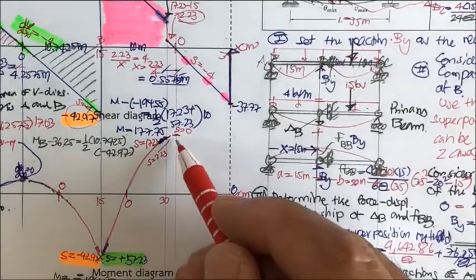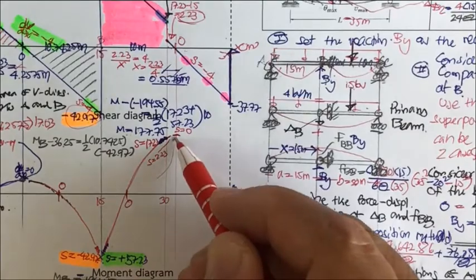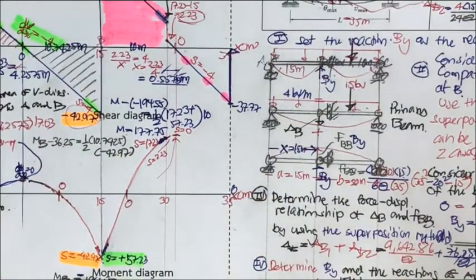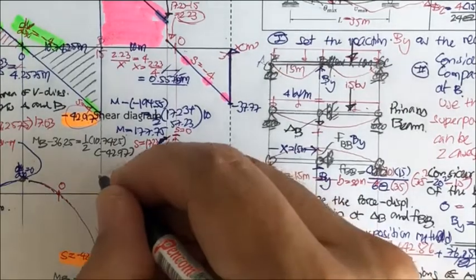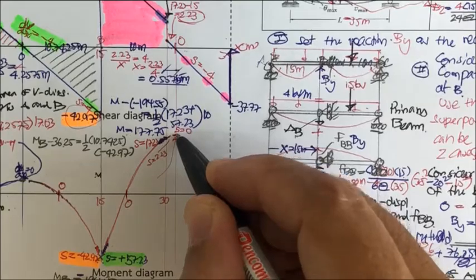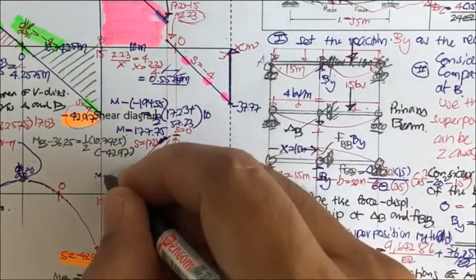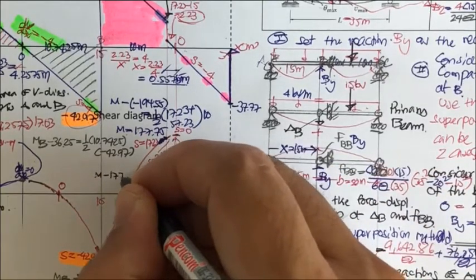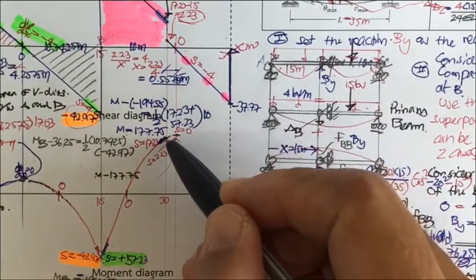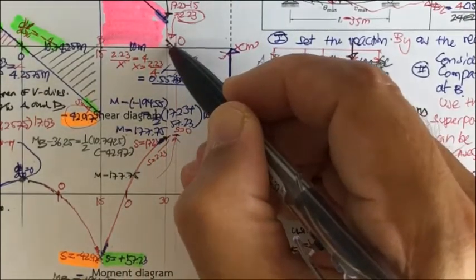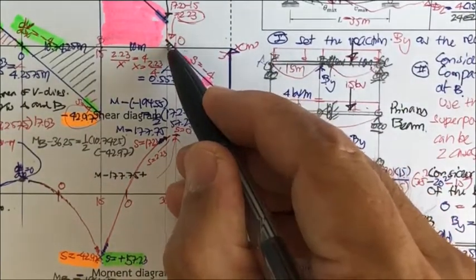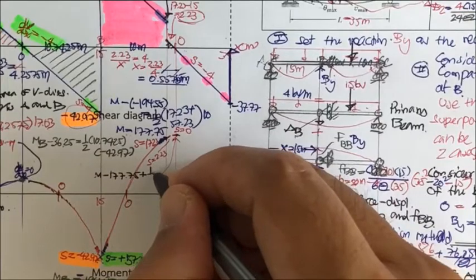And what is the value of the moment here? You can determine it by m here minus 177.75, m here minus here, and it's going to be this value of area here. It's going to be 1/2.